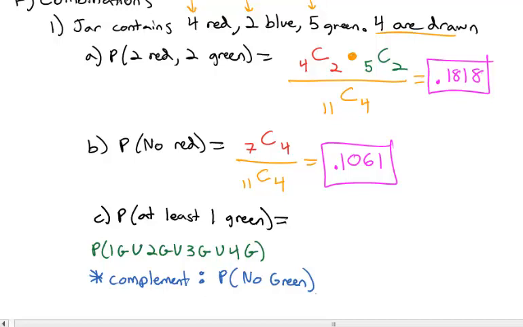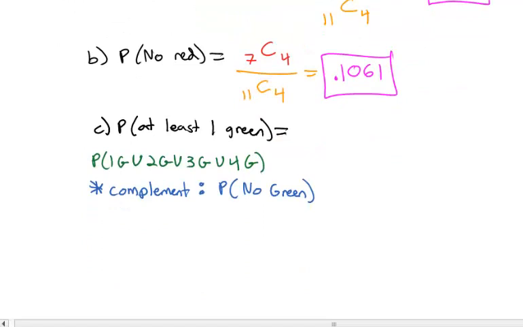We either get no greens or we get at least 1 green. That means these two halves should add up to 1. Or better said, we're going to take 1 minus the probability of no greens, and that will tell me the probability that I get at least 1 green. In other words, we're subtracting out from 1 all the cases that don't work, and what's left is what does work.